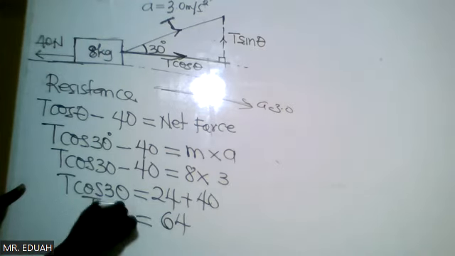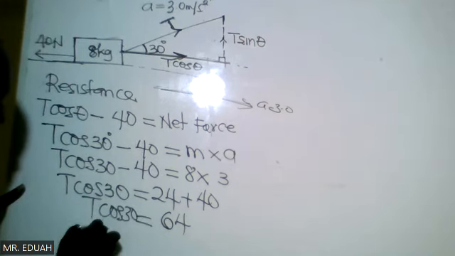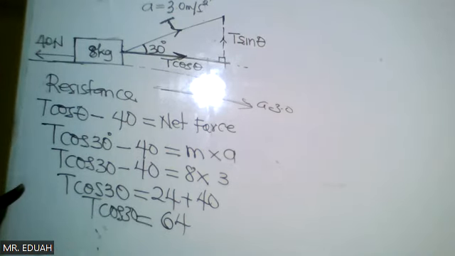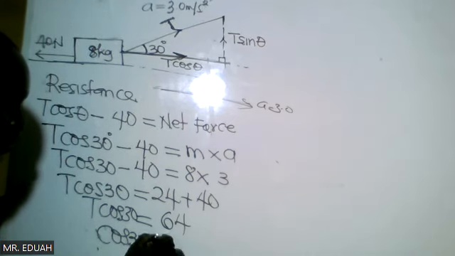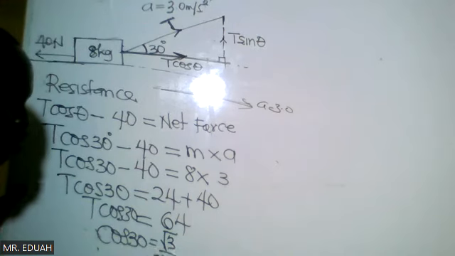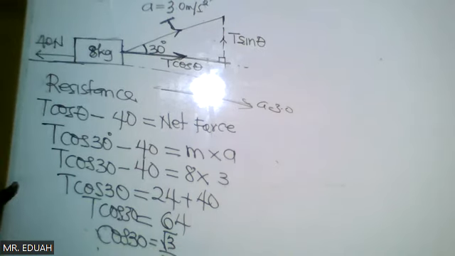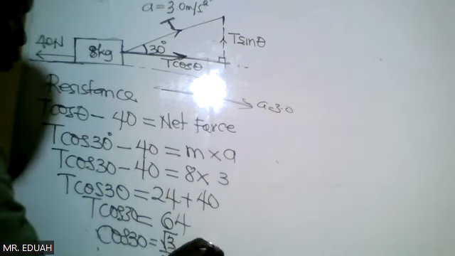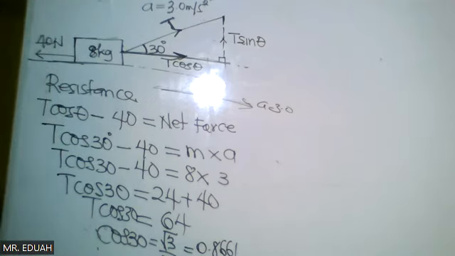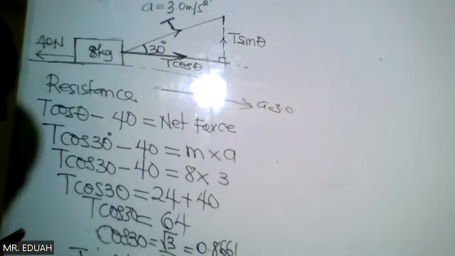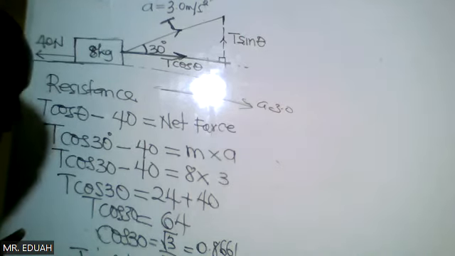Cos 30 is equal to root 3 over 2, which is equal to 0.8661 something. Therefore, T would be equal to 64 divided by 0.8661.